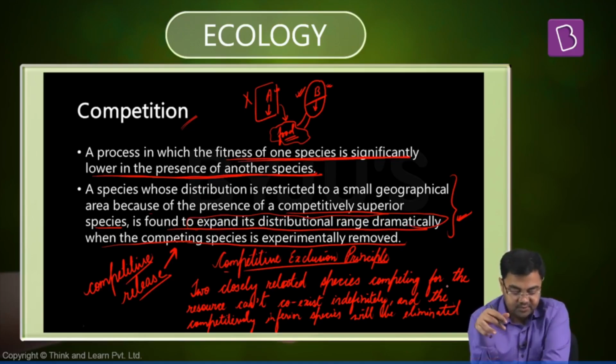This is what happens if there are two closely related species, because first of all, since they are closely related, they'll always confine themselves to the same geographical area. So obviously they will compete against one another. So this is what we know.